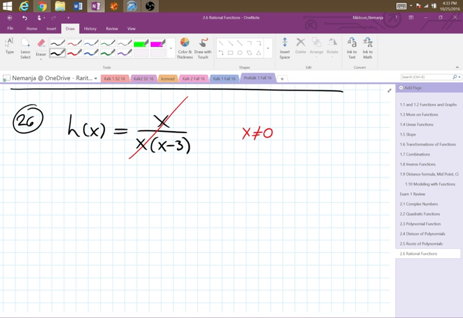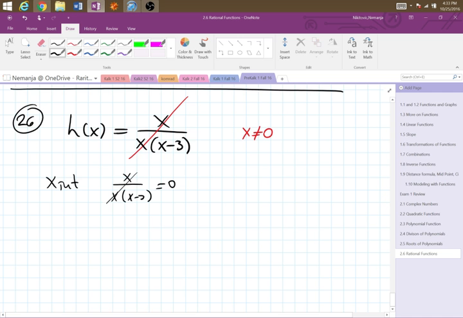So let's go with the x-intercept. Where is the x-intercept? There is no x-intercept, right? Because there's no fraction equal to zero. Exactly. So x over x minus 3 equals 0, right?